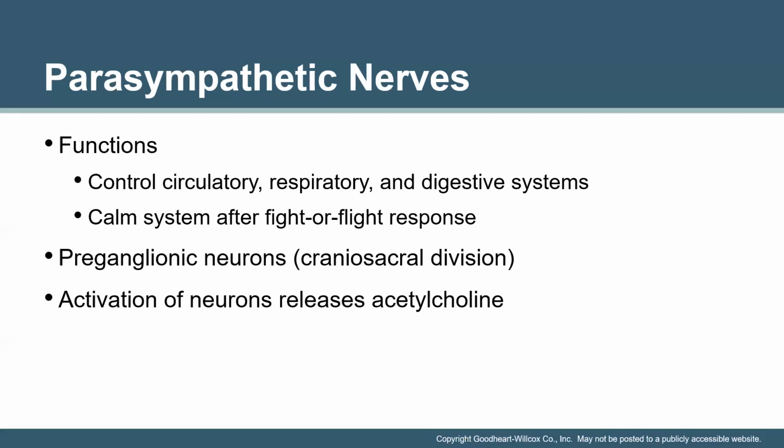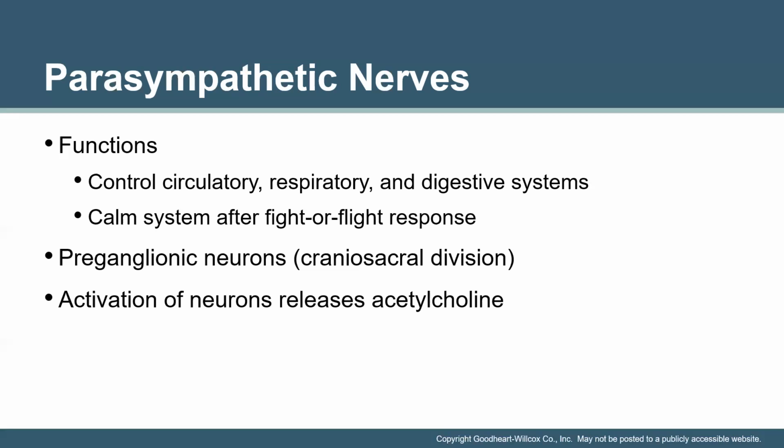Now, within the parasympathetic nervous system, the preganglionic neurons, the ones before we get to the chain ganglia, or any ganglia, this is called the craniosacral division. The activation of the neurons releases acetylcholine.